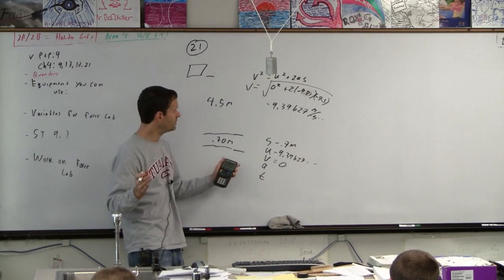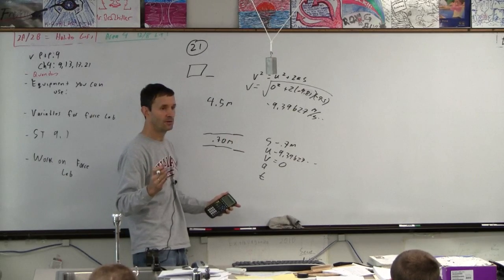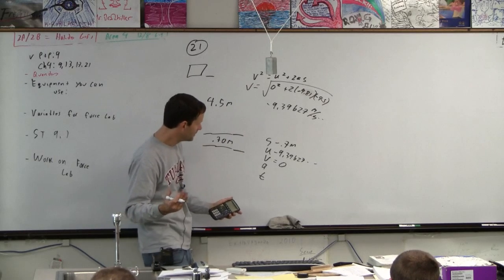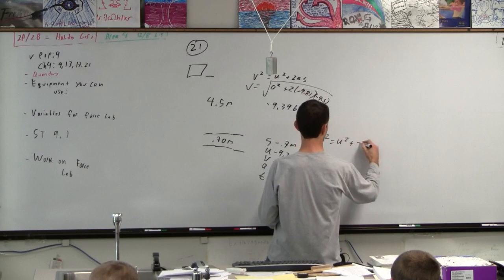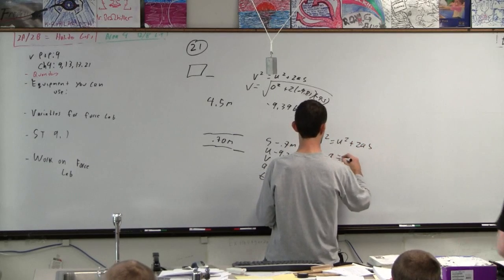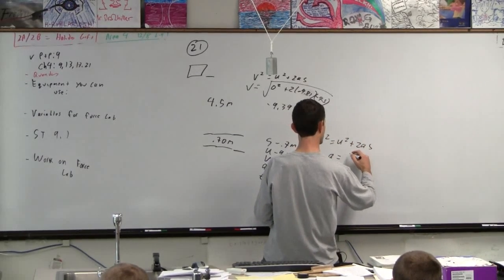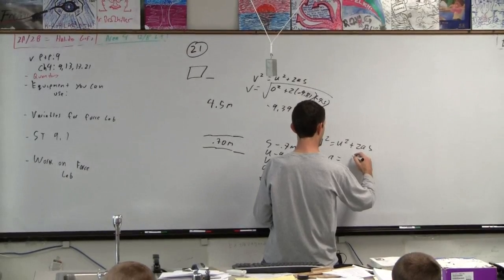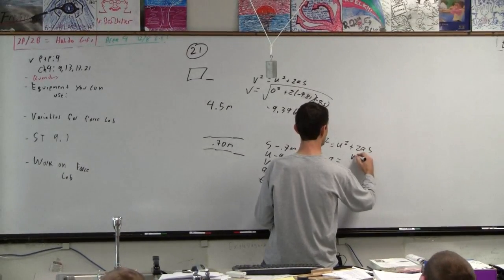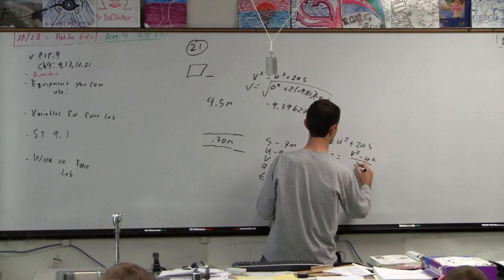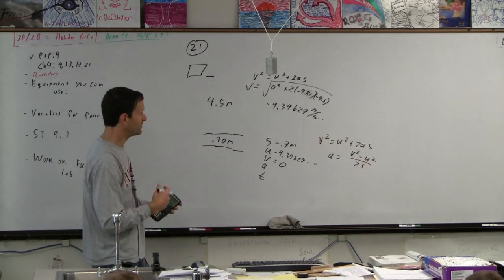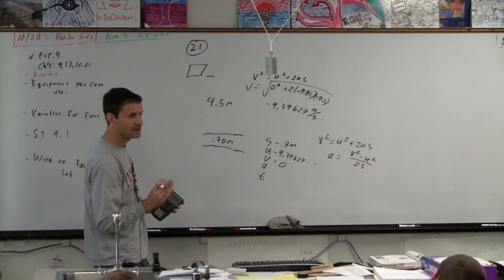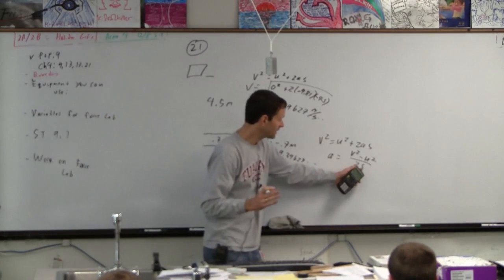Okay, so I'm going to use the same formula, v squared is u squared plus 2as. Then a is equal to v squared minus u squared over 2s. I think that's correct. That's 2s there.